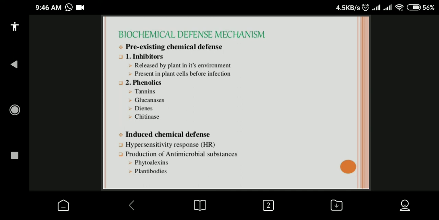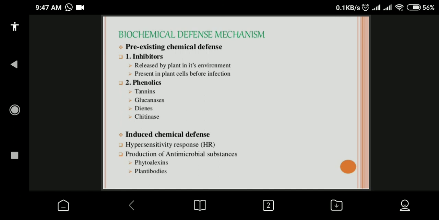Biochemical defense mechanisms. These are pre-existing and post-infective defense mechanisms. Pre-existing defense mechanisms involve inhibitors and phenols. Inhibitors can be released by the plant into its environment or present in plant cells before infection.